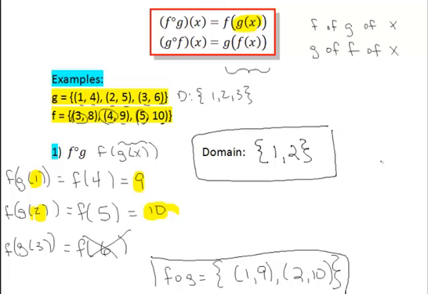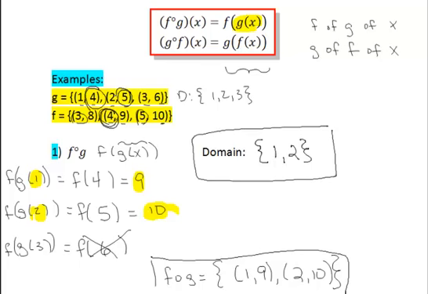So how do we determine what the domain is before we even get started? It works like this. The output of g has to be in the input of f, right? So if you notice, we have a 4 here as an output, a 4 here as an input.